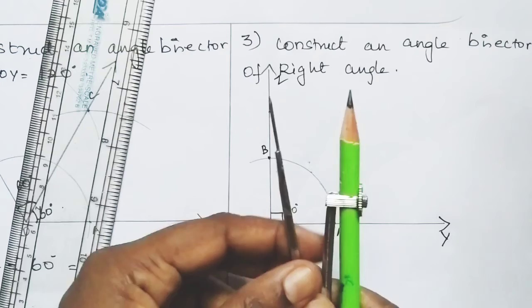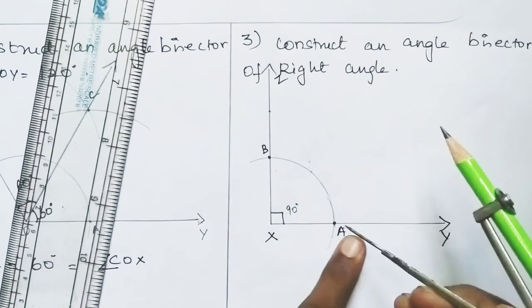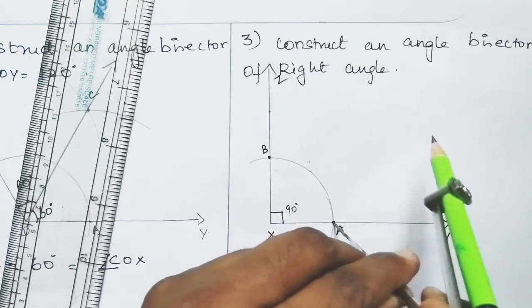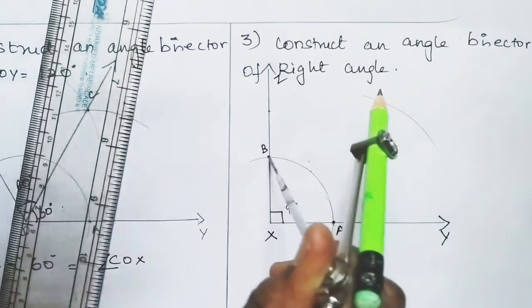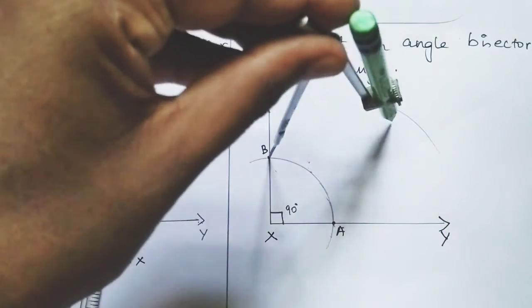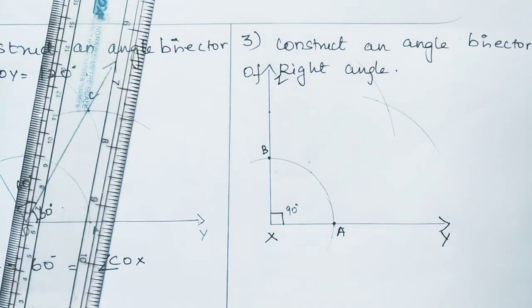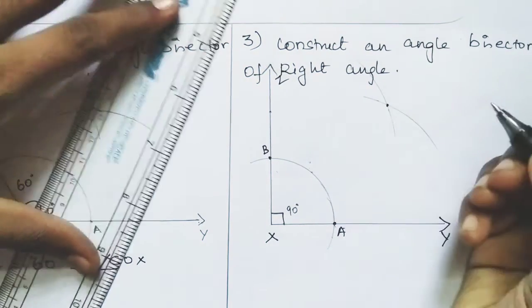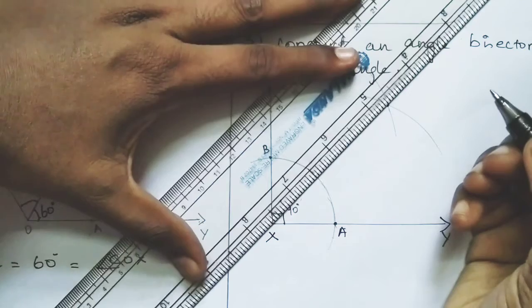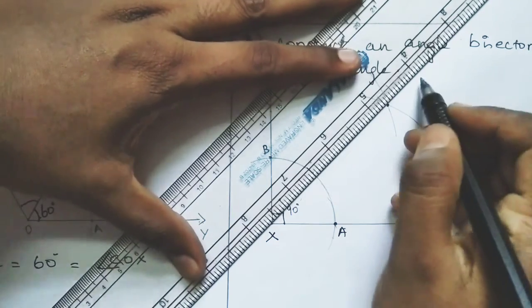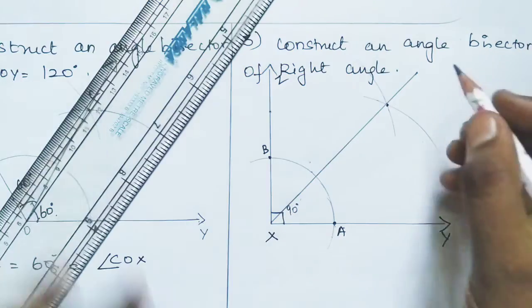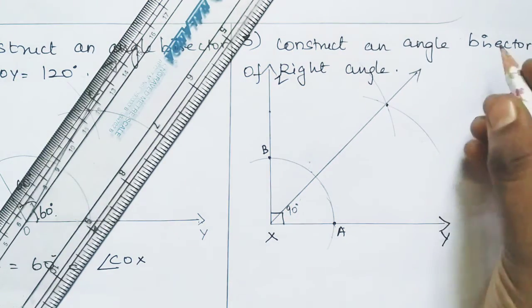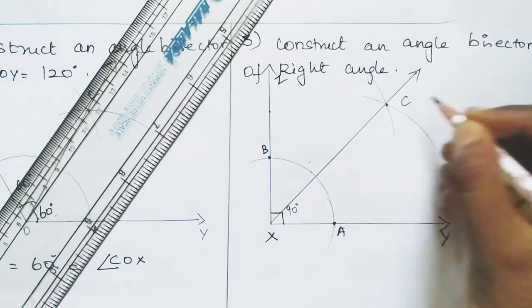Now take some more radius with A and B as centers. Draw an arc to intersect each other. Now join with X. And you can mark this as C.